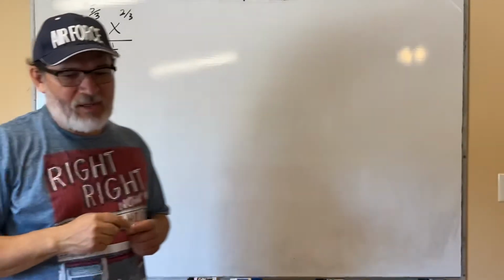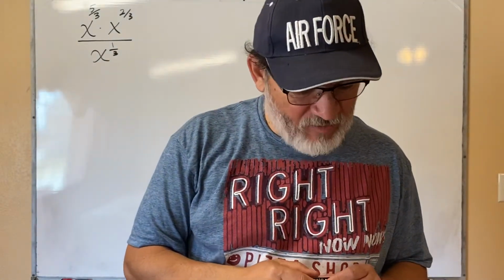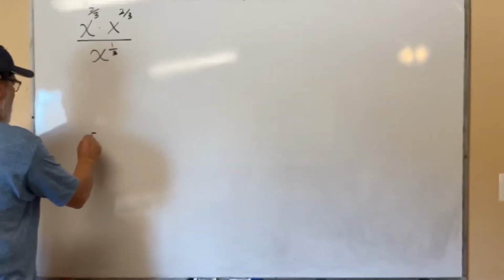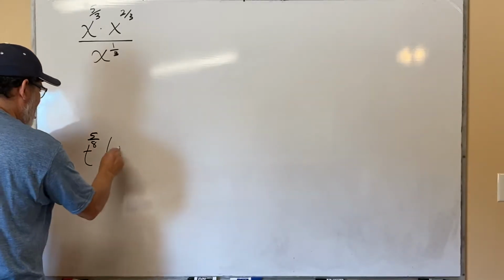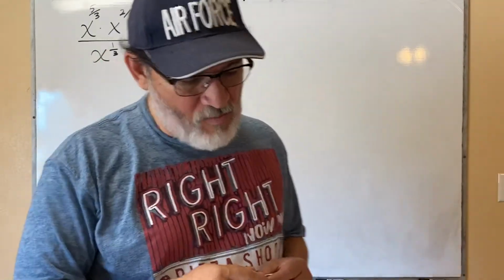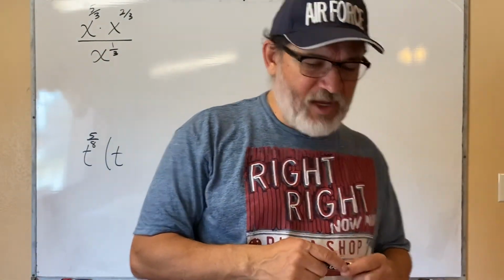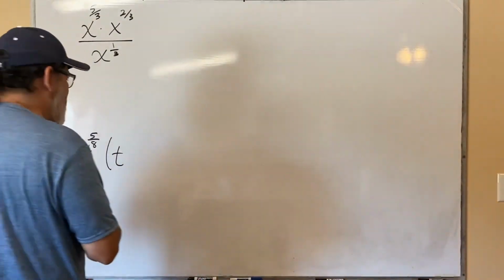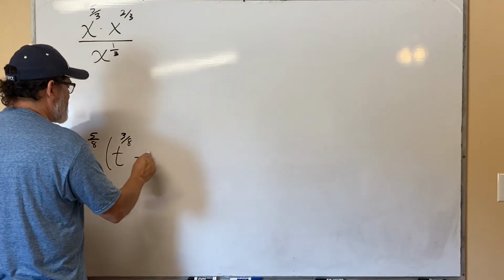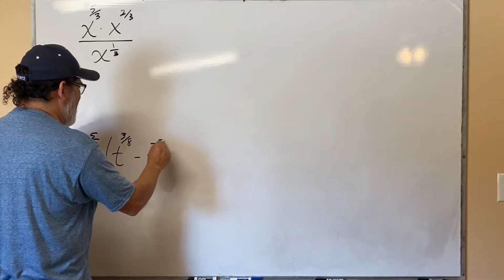And then there's another one. Here's this one. Let's multiply t to the 5/8 times t to the 3/8 minus t to the negative 5/8.